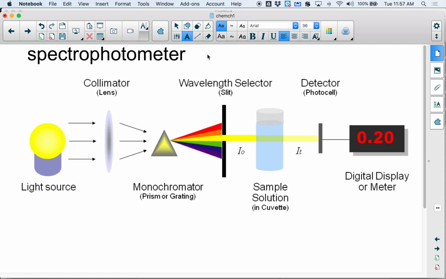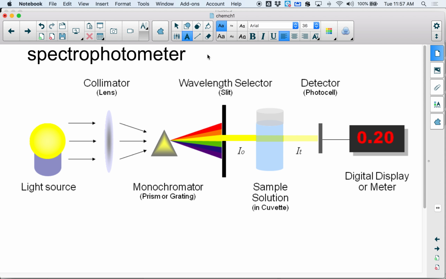Okay, there's going to be a lens that is going to focus it. So think about taking a magnifying glass and focusing sunlight. Okay, and then it's going to throw it through a prism. That prism is going to split it into the actual different colors. So it's going to separate. So all the red is together, all the purple is together, all the green is together. And then we have a wavelength selector.